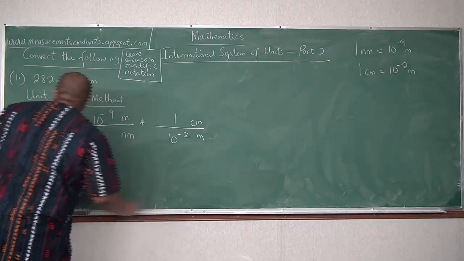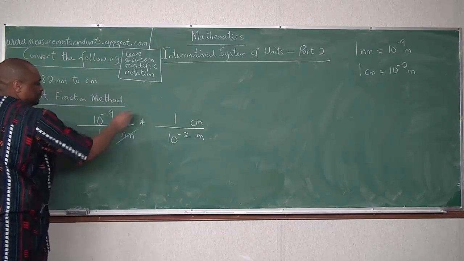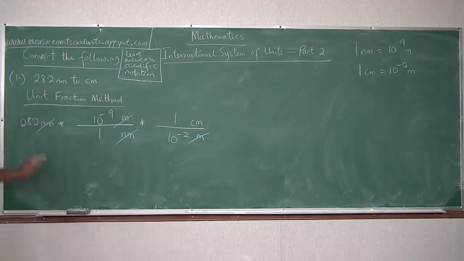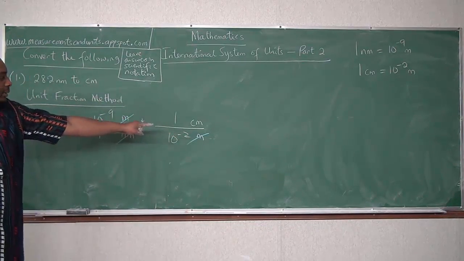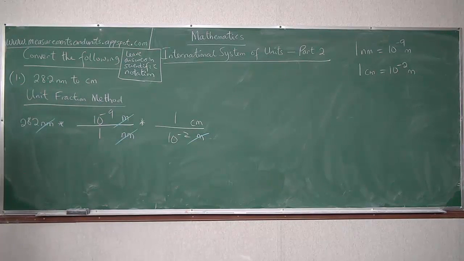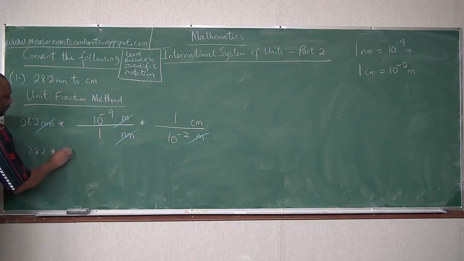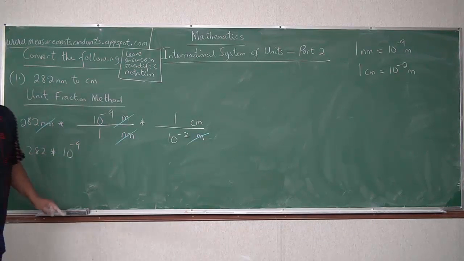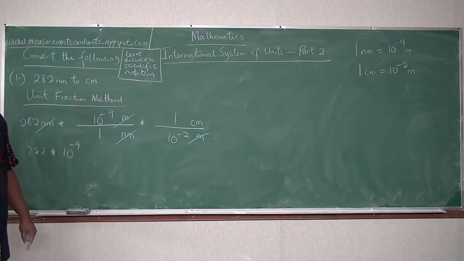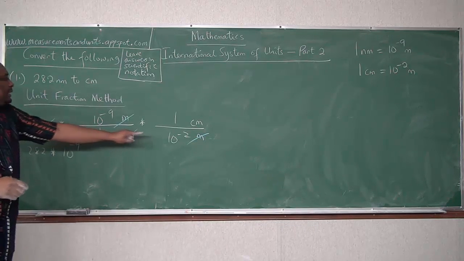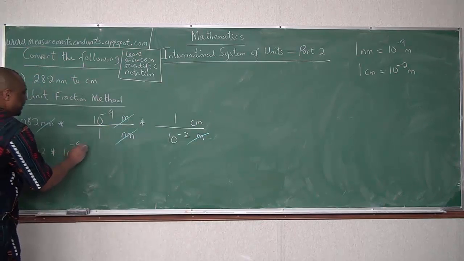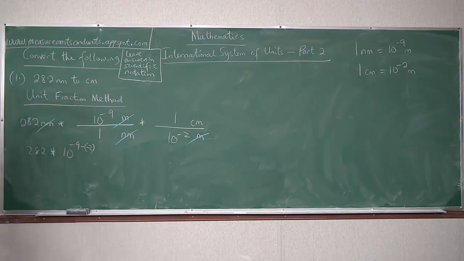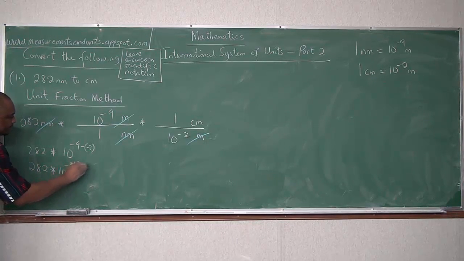So I can now cross out, because I eventually want the centimeter. So this will now be 282 times 10 to the power negative 9, and then your laws of exponent, very important. Because if you bring this up, this is minus 2, because it's division. So this is 282 times 10 to the negative 9 plus 2.